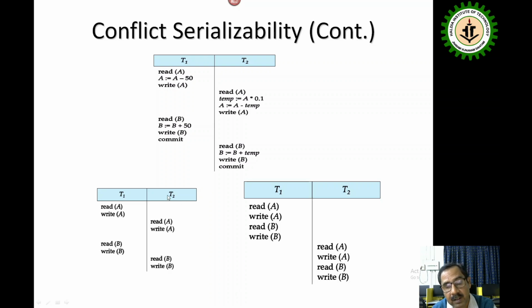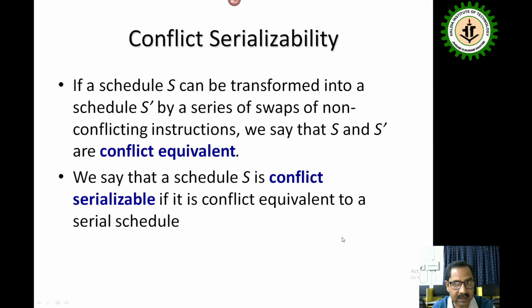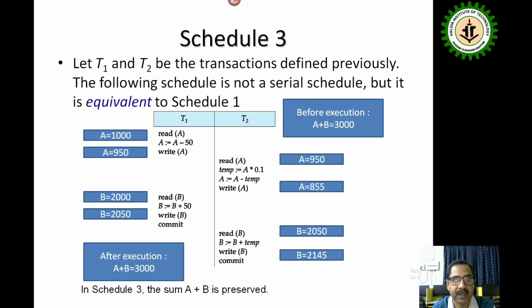That means all the instructions of T2 appear together here, and all the instructions of the transaction T1 appear together. So see here, if all the instructions of a transaction appear together and are executed first, and then the other instructions are executed by T2, that is a serial schedule, just as we discussed at the beginning.